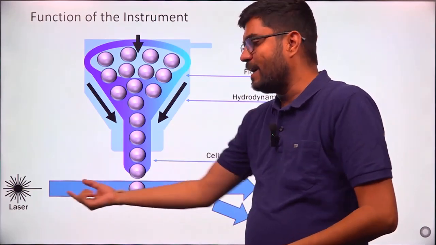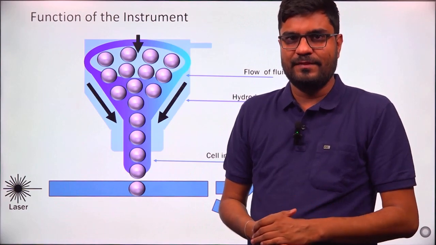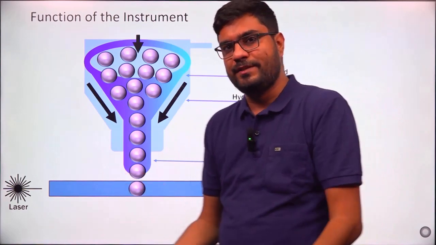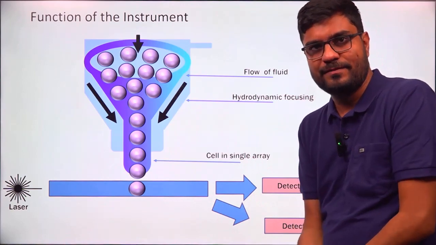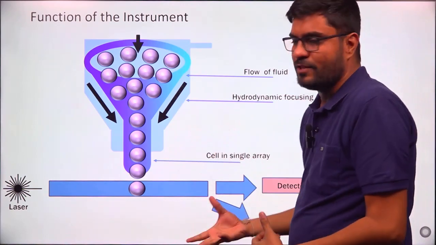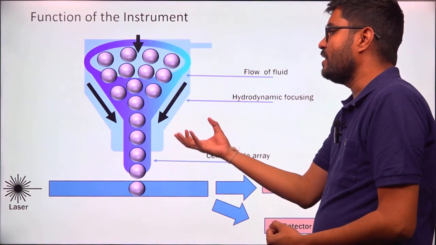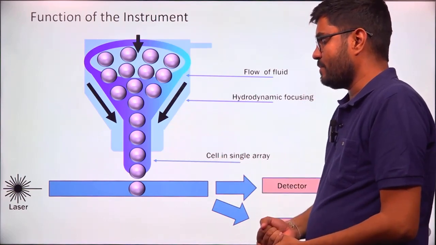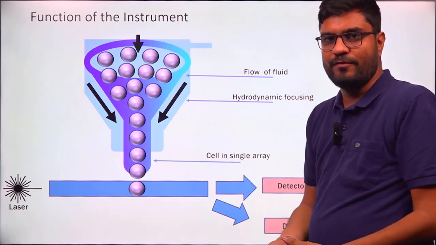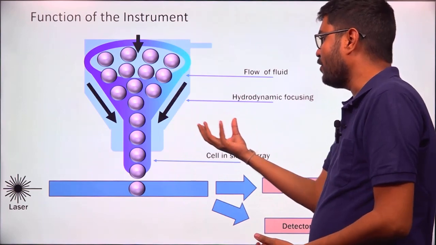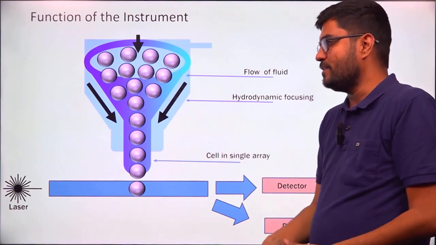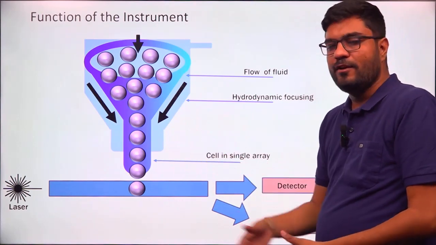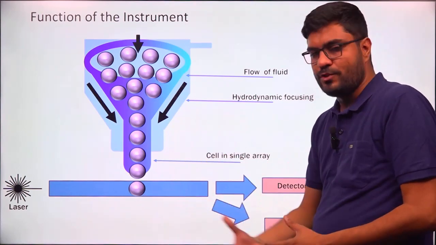Then one cell at a time is interacting with the laser and giving us some information which is detected by different types of detectors, right? Nowadays there are flow cytometers which are coming with acoustic sound waves, where along with hydrodynamic focusing, a sound wave is also being utilized to create this array of cells.